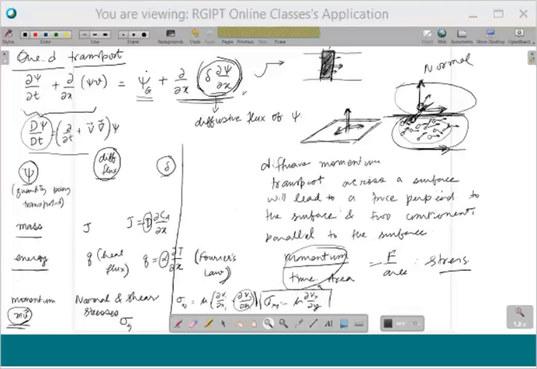So basically, the idea is that the same balance equation results in different kinds of equations. Now let's write down for each case. Having identified the corresponding deltas, first of all, we identified what is the quantity. Then we identified what the diffusive flux of that particular quantity physically represents.